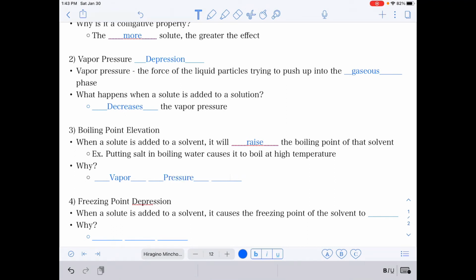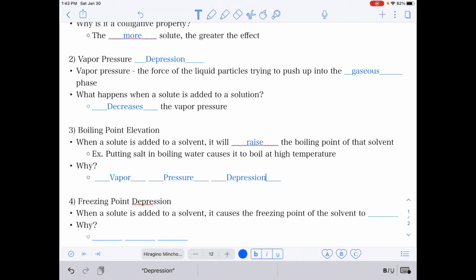So if you remember back to the changes of state, and if you don't, we definitely have a video on that, so you can go check that out. But if you remember back to changes of state, we talked about how both the pressure and temperature play a role in changing state, right? So if you're going to decrease the pressure, then you're going to have to increase the temperature in order to get it to boil.